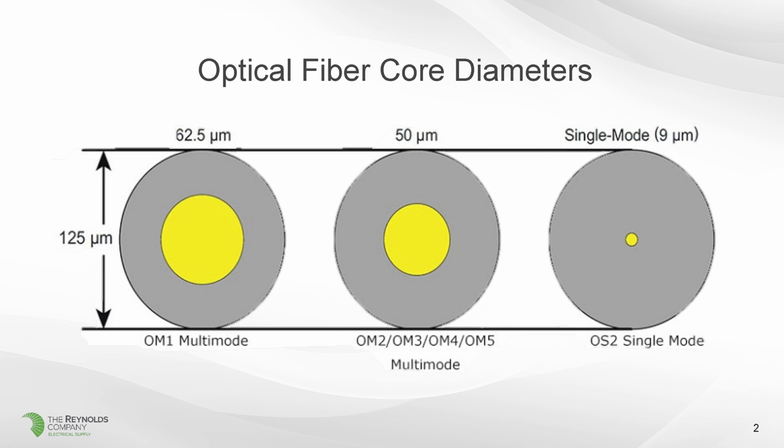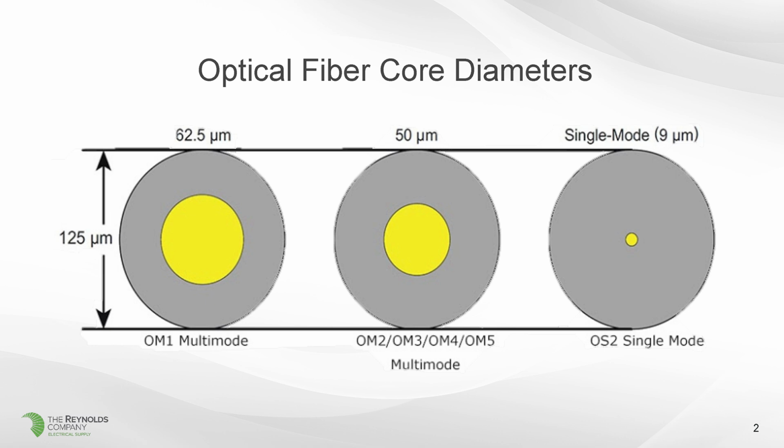And then to the far right we have the single mode fiber, which, you notice, the diameter is 9 microns. One thing consistent among all of this is that the diameter of the cladding, the outside, is always going to be 125 microns. Well, why is this significant? Well, this also has to do with the transmitters that are going to be utilized for this.